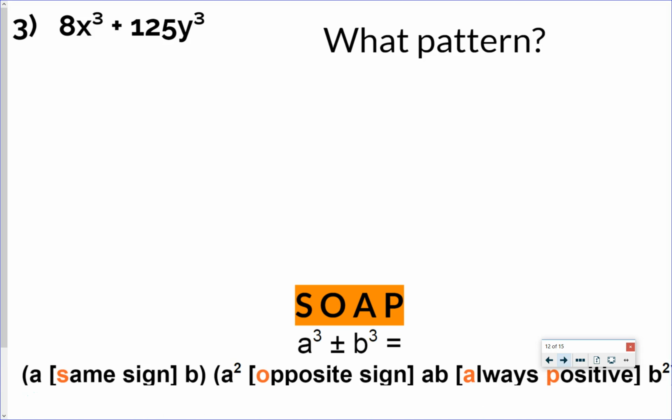So this time, what is A? Almost. It's something x. What's the cube root of 8? 2. It's 2x this time. And B is going to be 5y. Good.